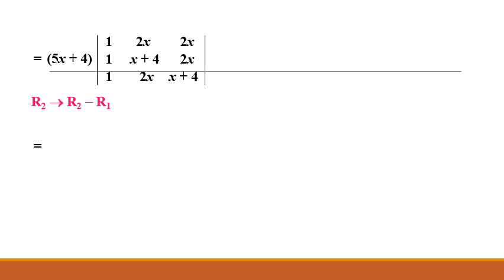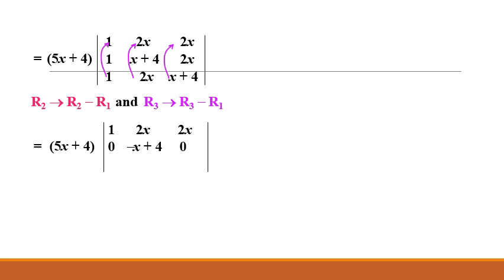So apply the property R2 implies R2 minus R1. We get 5x plus 4, then 1, 2x, 2x; 0, minus x plus 4 and 0. Next, on applying the property R3 implies R3 minus R1, we get 1 minus 1 as 0. Next, 2x minus 2x is 0, and x plus 4 minus 2x will be minus x plus 4.